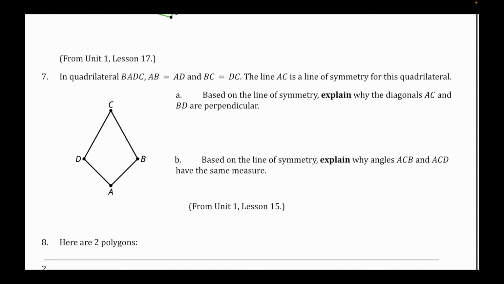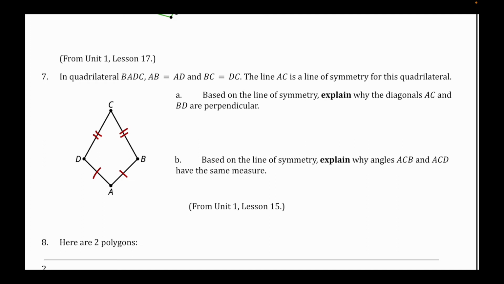I'm going to label these with some markings on my drawing here. I'll use red so they stand out. AB is congruent to AD, and then BC is congruent to DC. So right here. That makes this shape a kite. It has two sets of congruent sides, but they are not across from each other. They're actually adjacent to each other or next to each other.